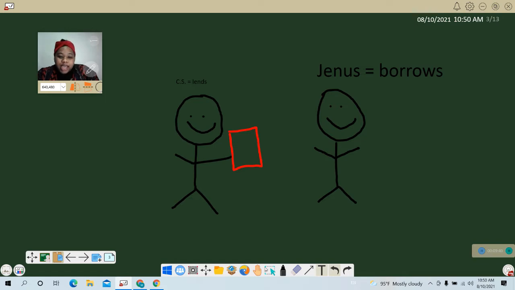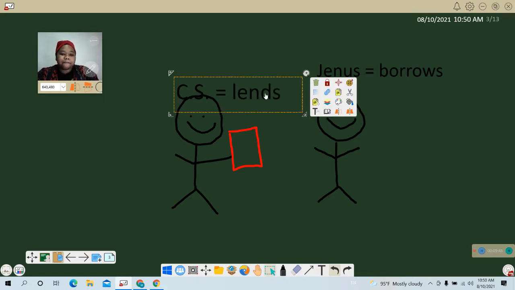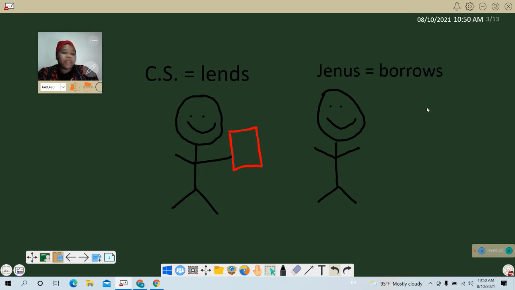CS lends his book to Janus. Because it's his book. So it's wrong if you say, teacher, can you borrow me your book? Teacher, can you borrow me your vocabulary book? You like to ask that question, right?